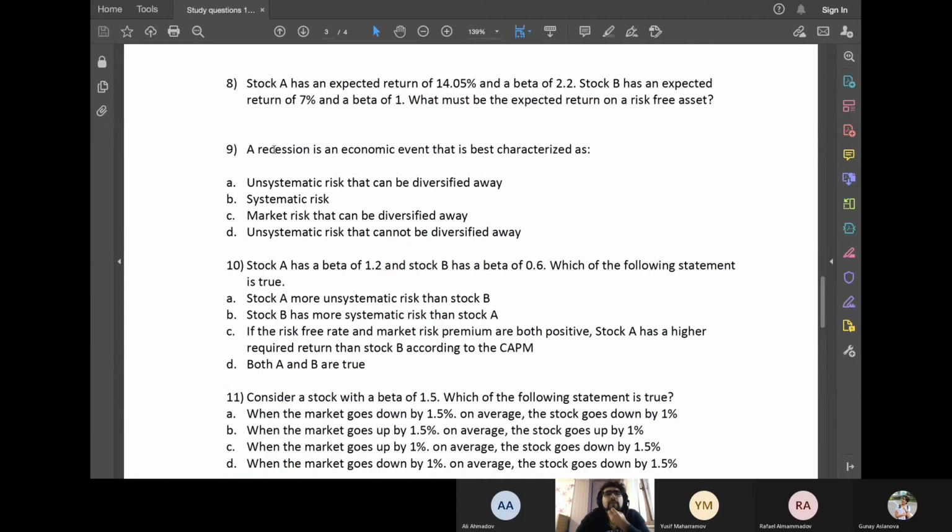So, ninth question. A recession is an economic event that's best characterized as recession happens in the market. So, recession is in the market. It affects all the firms, companies that are currently in the market.